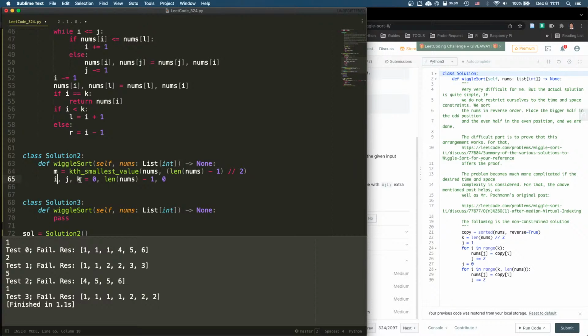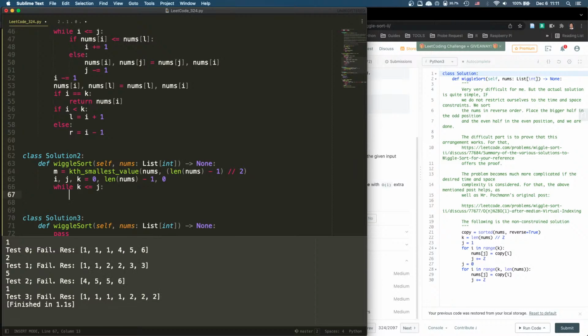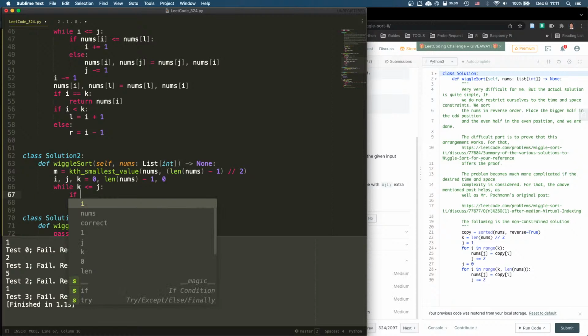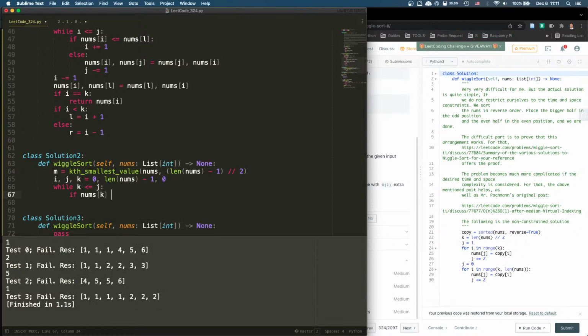Right? So with these in mind, now what we're going to do, we say while k is smaller or equal to j. Right? So we want k and j to meet each other. So we say if nums k is smaller than the m, right? Nums k, so the current value is smaller than m.